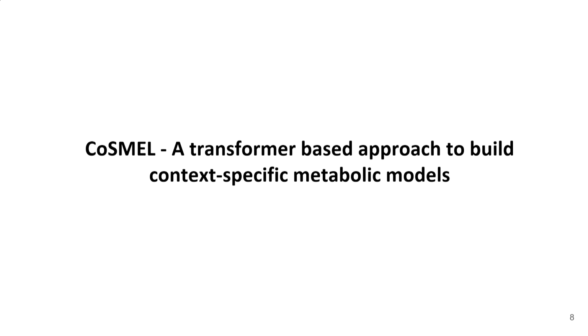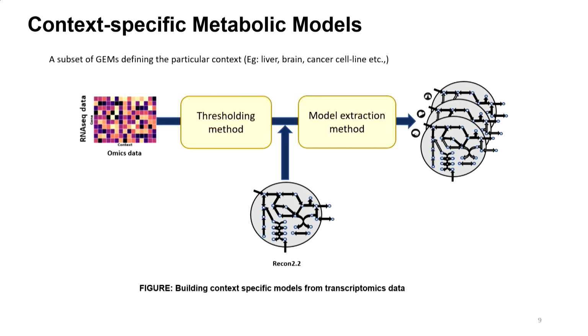What we typically do in context-specific metabolic models currently is use context-specific transcriptomics data. Let's say I'm interested in understanding a particular liver cell, brain cell, or even a cancer cell line. That's the particular context I'm interested in.